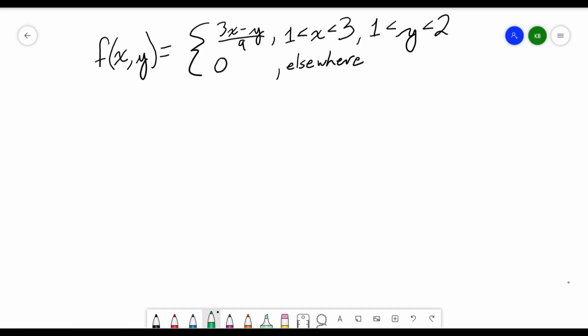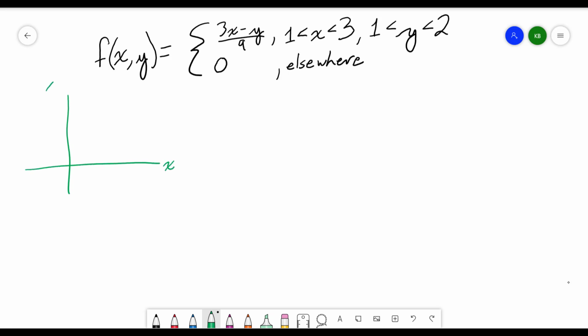Buckle up. All right, here I have a function in two variables. So I have my variables x and y, and I have some bounds for both x and y. If I wanted to take the integral of this function over the area that's filled by this, we're going to take a look and see what this region looks like that we're integrating in.